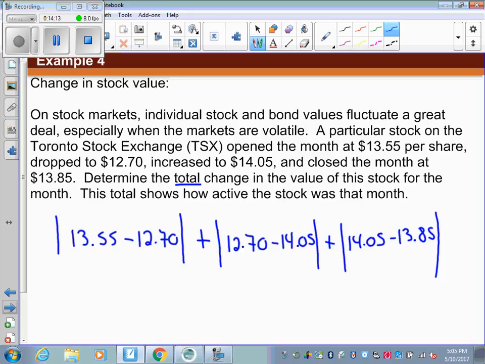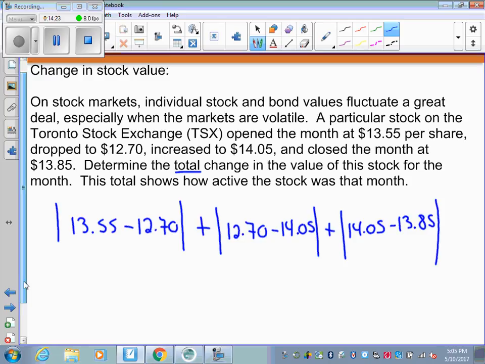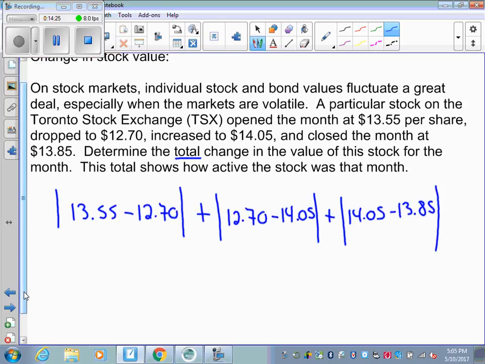So you'll notice here, it doesn't matter if I had switched the order of this. If I had put 1270 minus 1355, since I'm getting the absolute value, the change in value is still going to be the same. Okay? So if I'm going from 1355 to 1270, my answer is 85 cents.